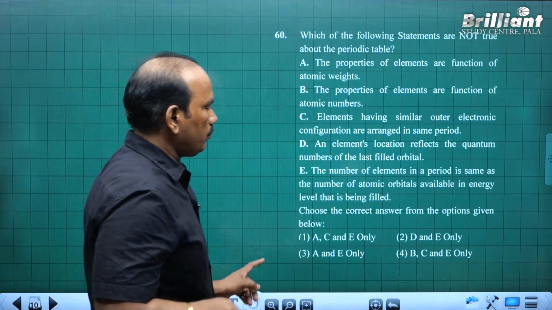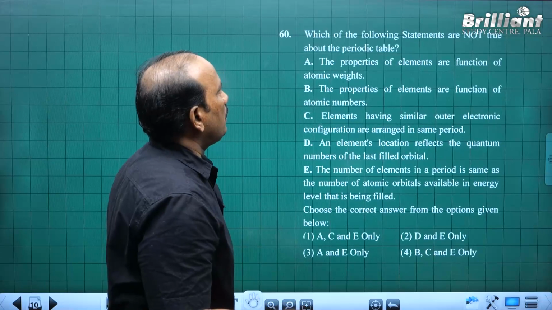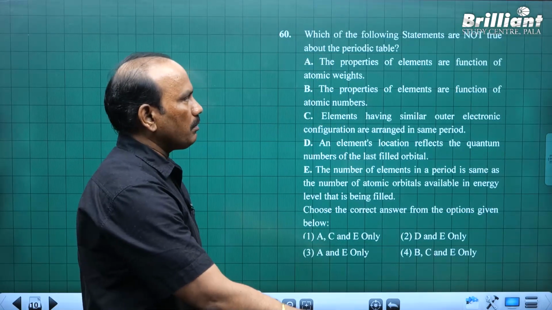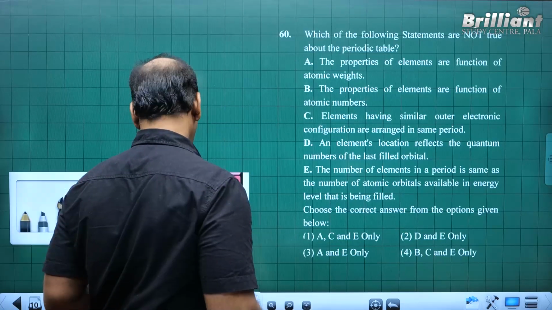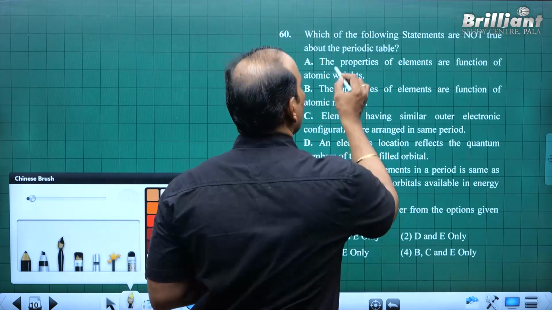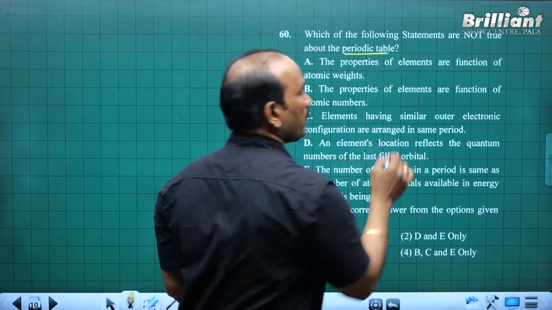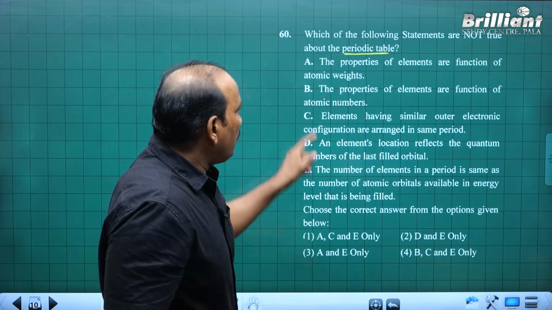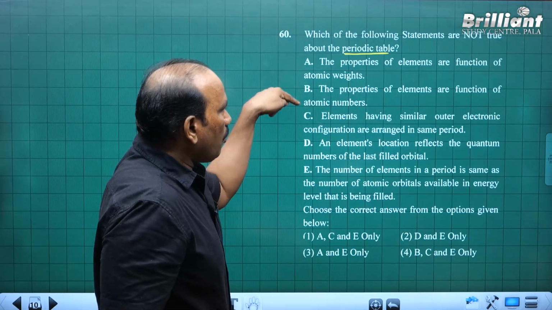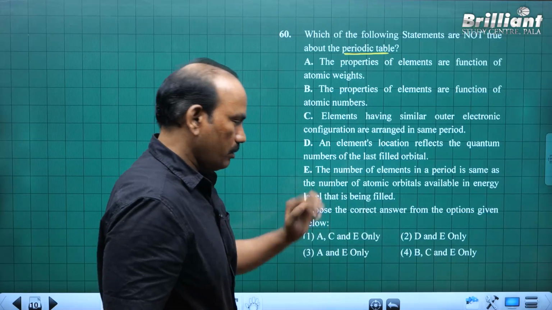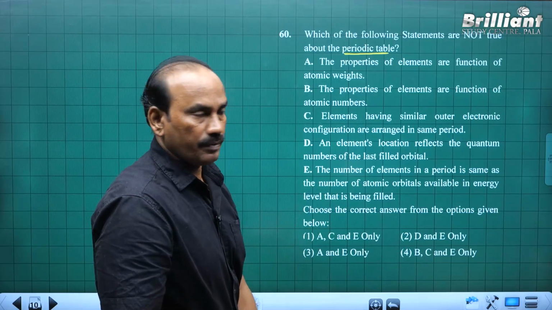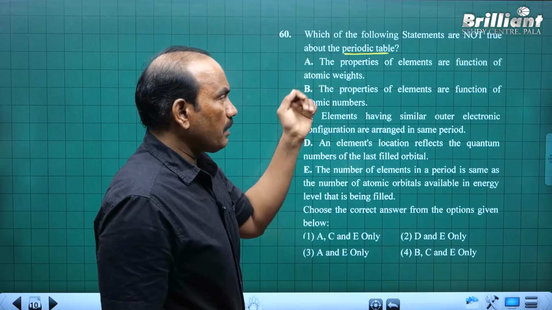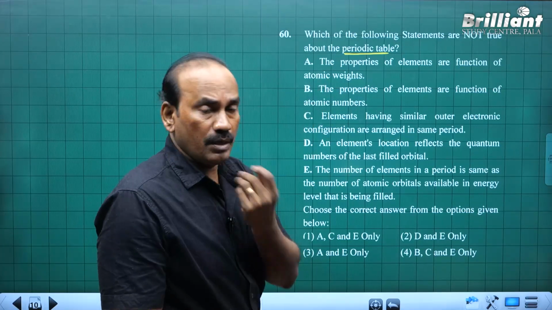Now, which of the following statements are not true about the periodic table? Here you don't mention whether it is the modern periodic table or Mendeleev's periodic table. Okay? So what are the options? AB combination is not there in the options. That is one more advantage. Because Mendeleev said the properties of elements are periodic functions of their atomic weight.